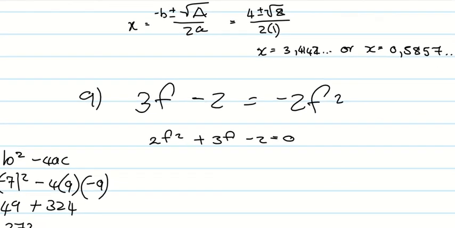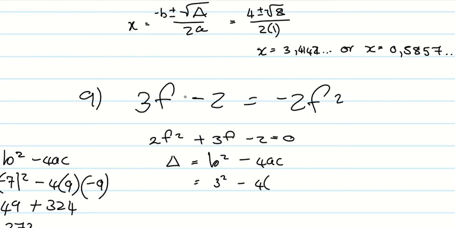I'm going to check for delta, or the discriminant, which is equal to b squared minus 4ac. So b is 3 squared minus 4 times a, which is 2, times negative 2, so that means 9 plus 8, which equals 17.